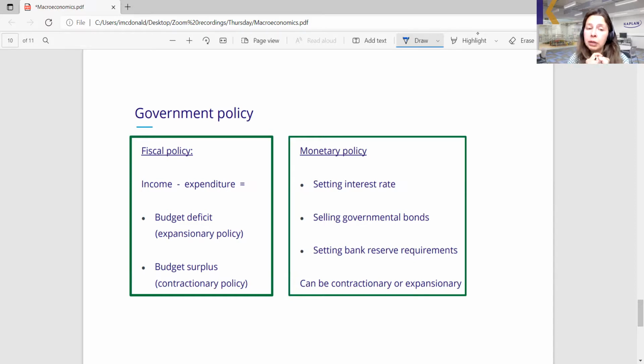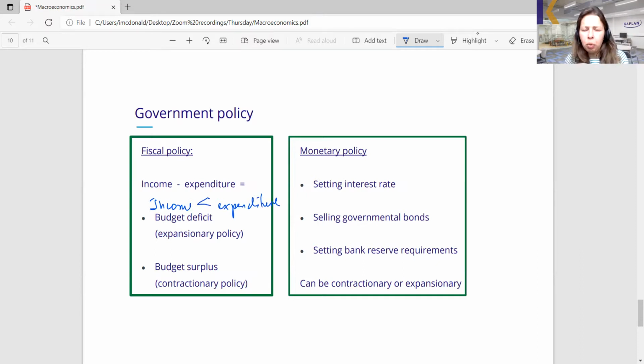So let's start with the first one, budget deficit. Budget deficit means that the government is spending more on the schools and hospitals and transport than it receives in income. So our expenditure is greater than our income.